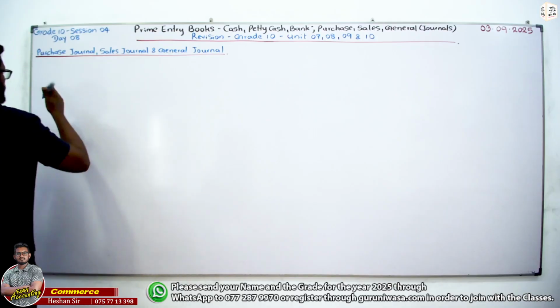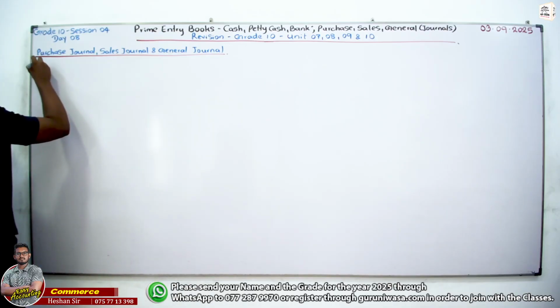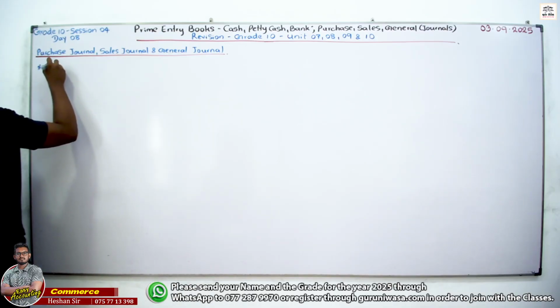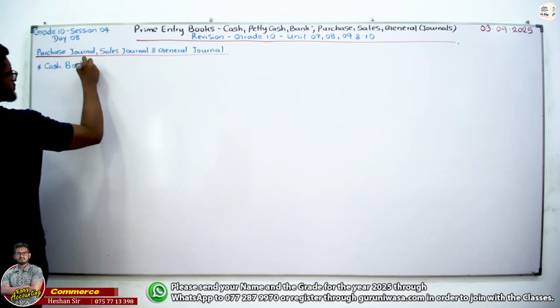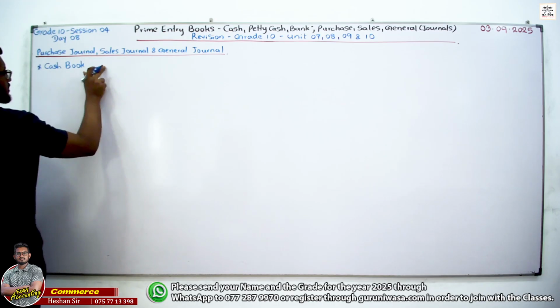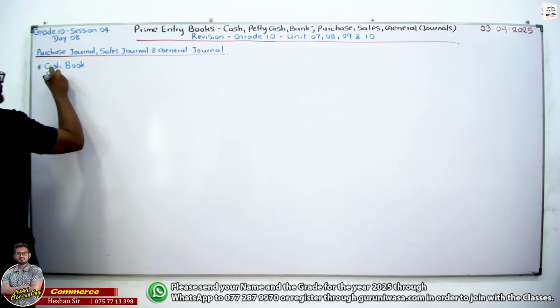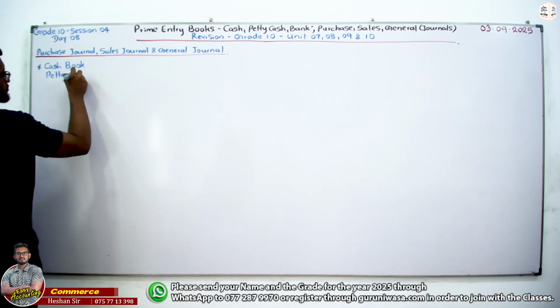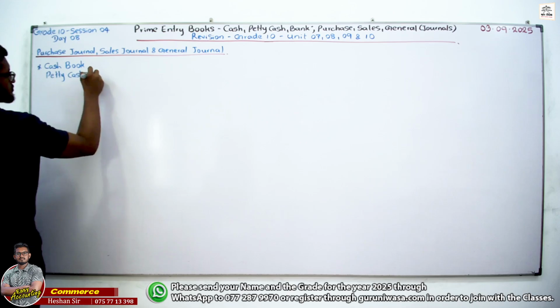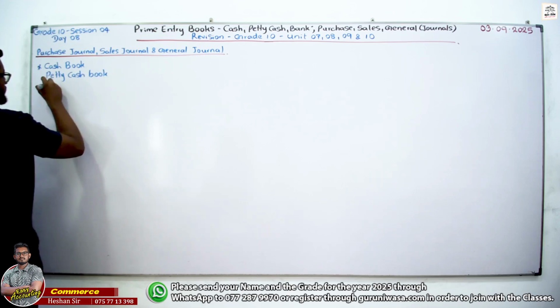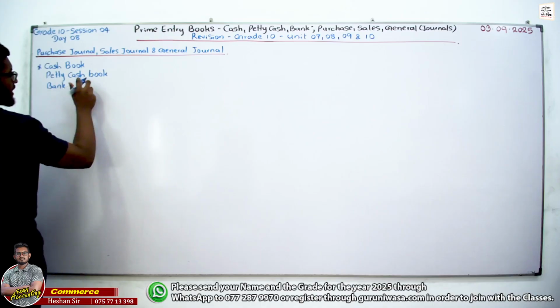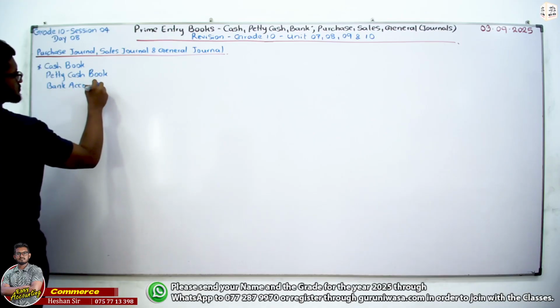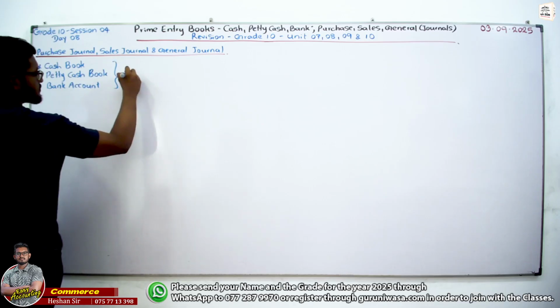Out of our prime entry books, we finished cash book, then petty cash book, and the bank account. All these three things we have done.